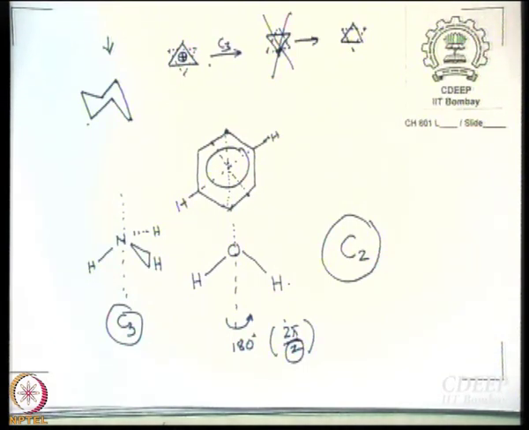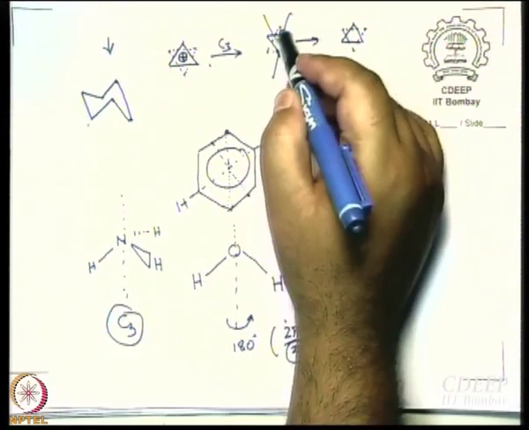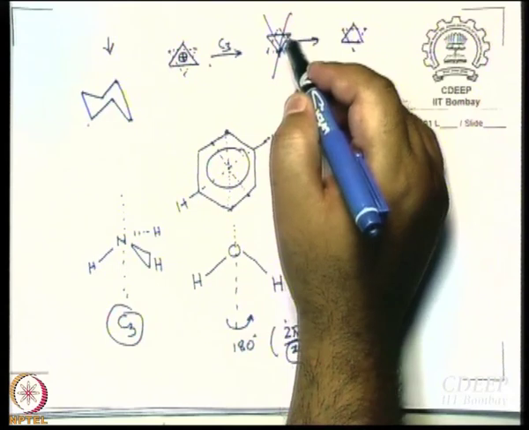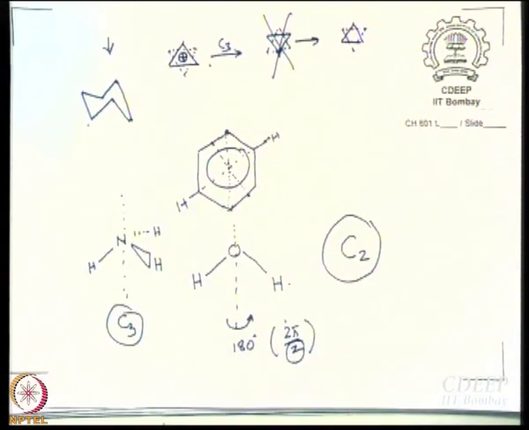But will you agree that it's also a C6, S6 axis? Yes. If I went here and then if I reflected it with respect to the plane of the paper, then I would get an indistinguishable configuration, right? Right? So, the C3 axis doubles up as an S6 axis. And why do we bother about alternating axes of symmetry? You have studied this in organic chemistry perhaps?